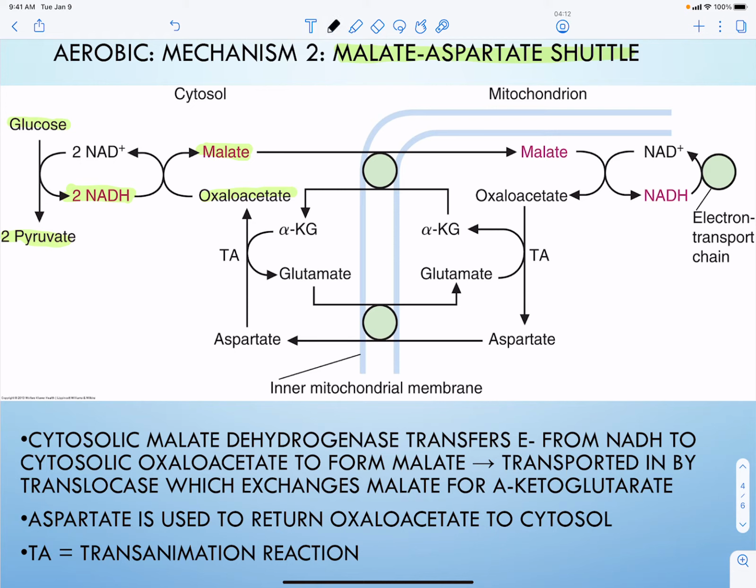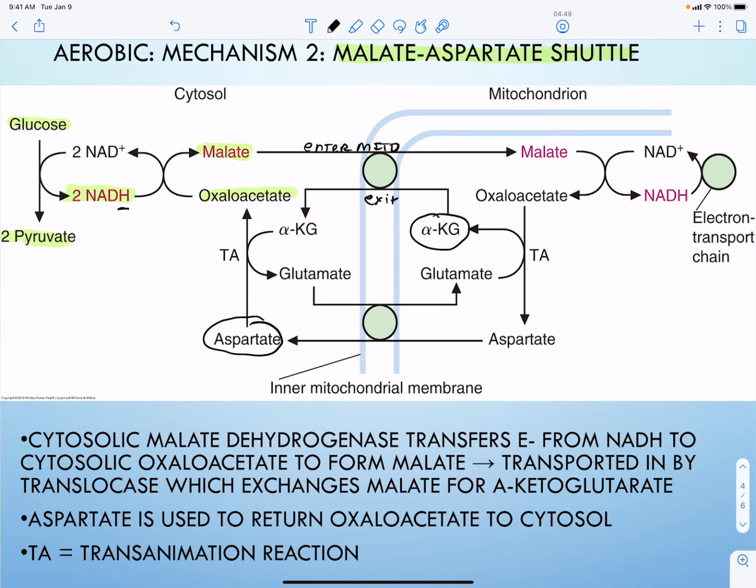Malate is able to enter the mitochondria with a co-transport, and alpha-ketoglutarate will exit the mitochondria. Now this is all tied together because once alpha-ketoglutarate exits, alpha-ketoglutarate can regenerate oxaloacetate from aspartate. And this can keep the oxaloacetate malate shuttle going for the electrons from NADH.